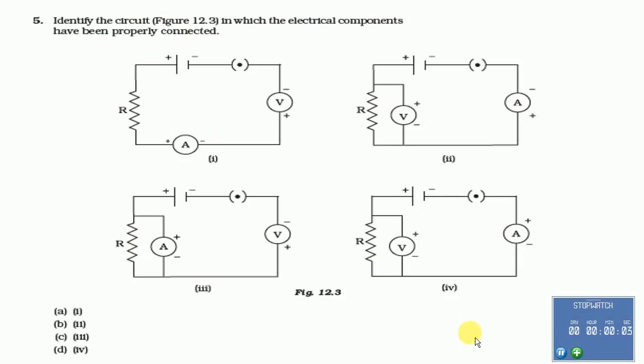The time has started, so come on, think over it. There were some rules to connect the appliances and the measurement devices to a resistor. That's what we are talking about. So please think.